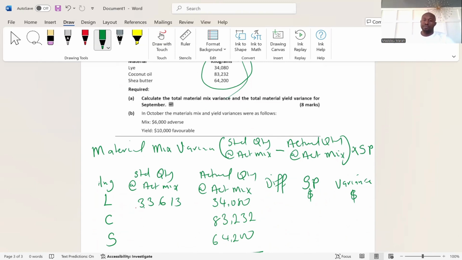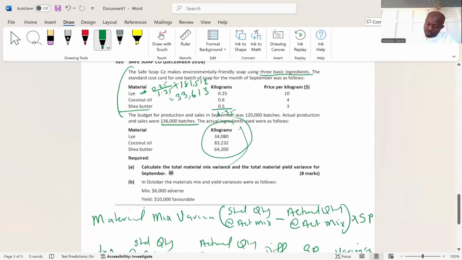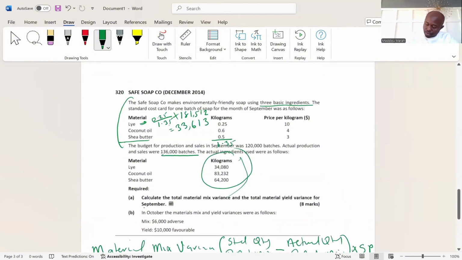Now I need coconut. Coconut is C. For my coconut I need 0.6 upon total 1.35 multiplied by 181,512. My coconut will be 8672.